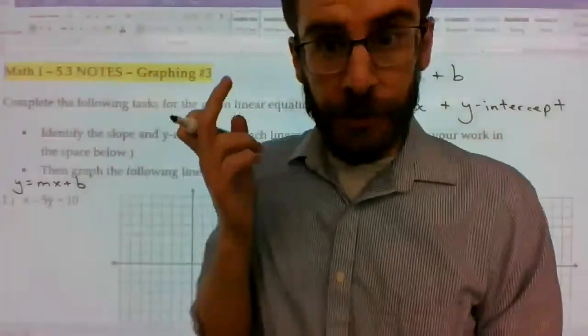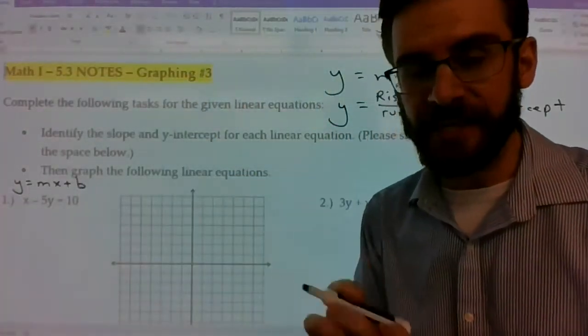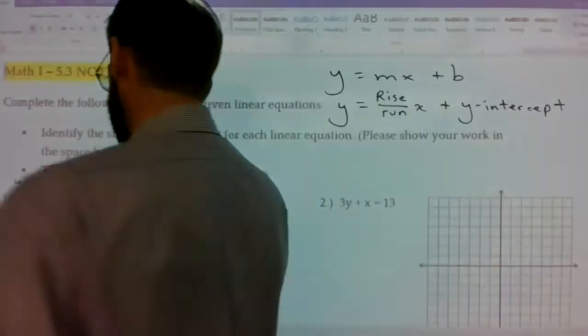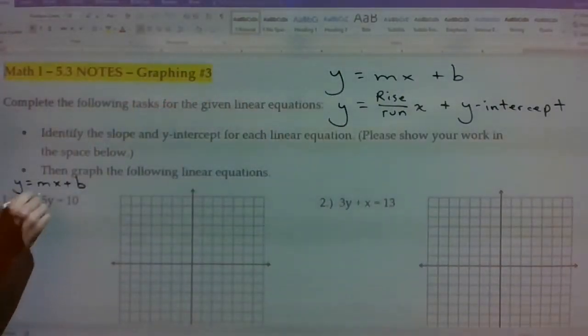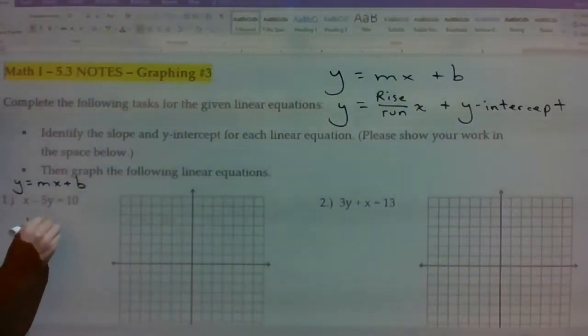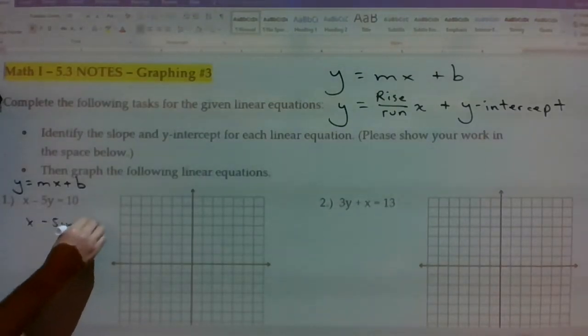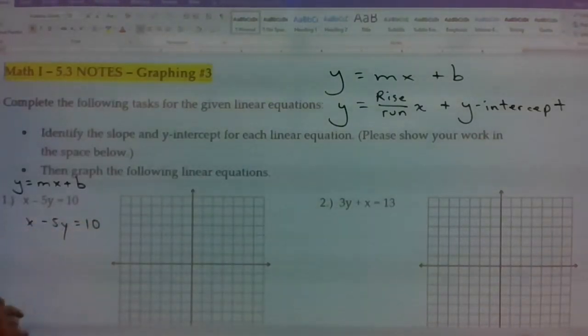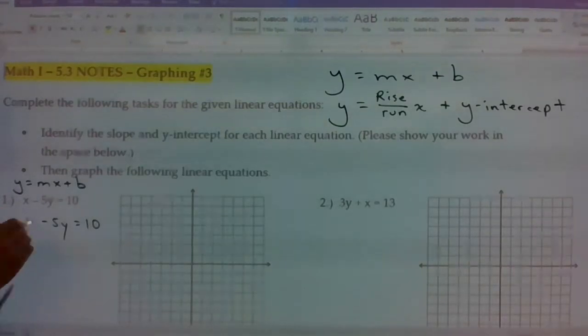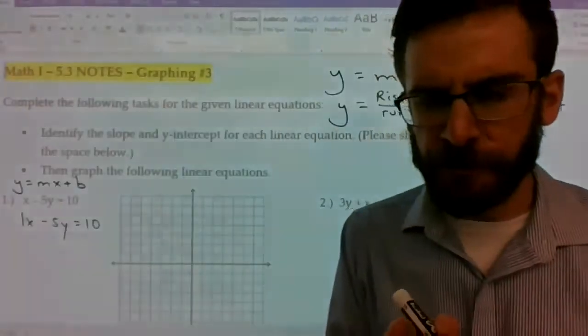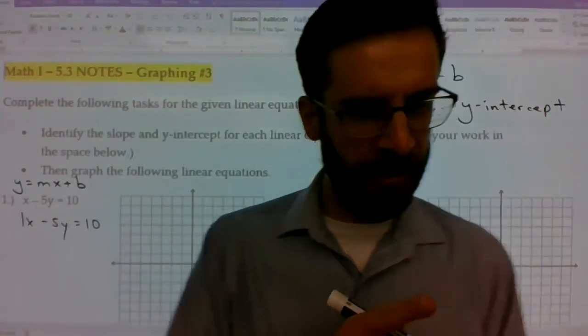And the only way we can do that is through algebra manipulation. How do we get y by itself if there's an x over here and a negative 5 attached to it? Well, first thing I'm going to do is put a 1 in front of the x, just because it could get confusing later on if you don't have that number in front of x.